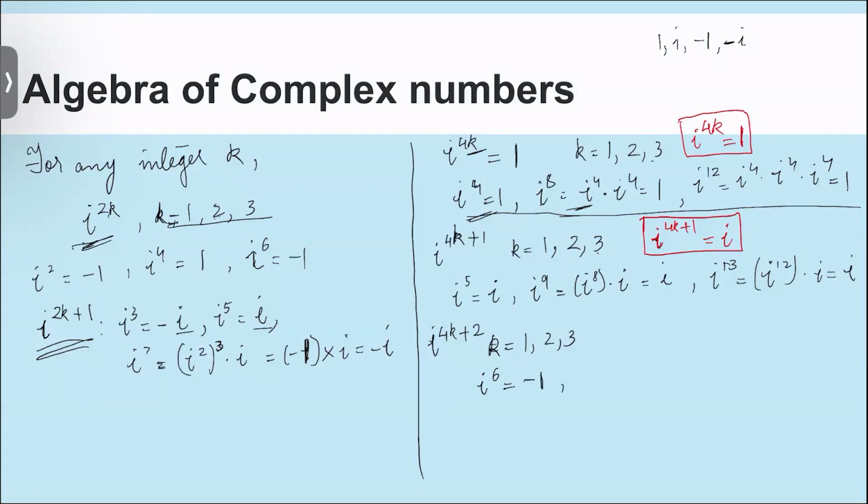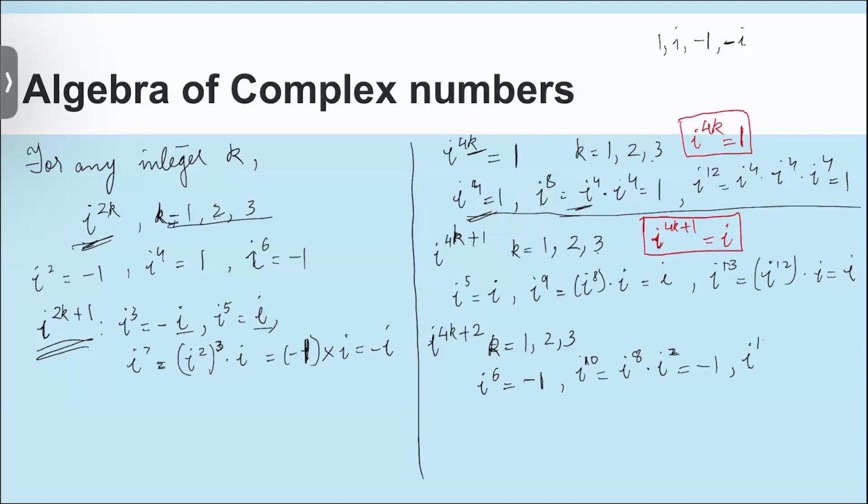Now if you take 2 into 4, 8 plus 2, that is 10. If you remember, you can write this as i^8 times i squared. i^8 is 1, and i squared is equal to minus 1, so this again becomes minus 1. Similarly, 3 into 4, 12, plus 2, 14.